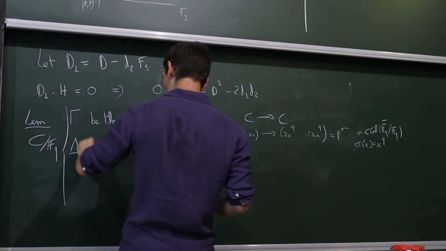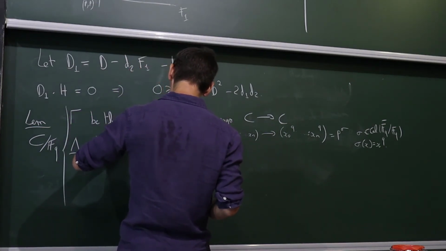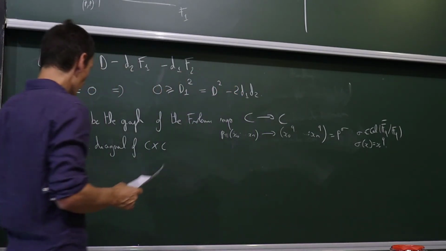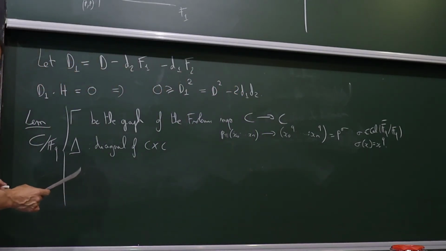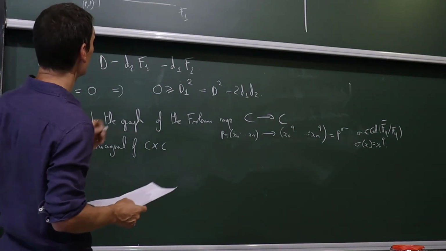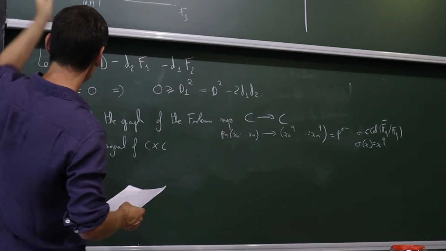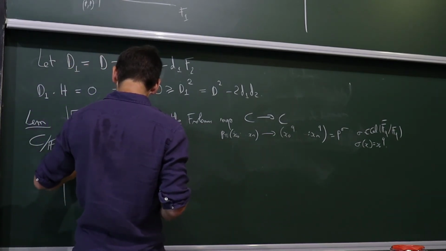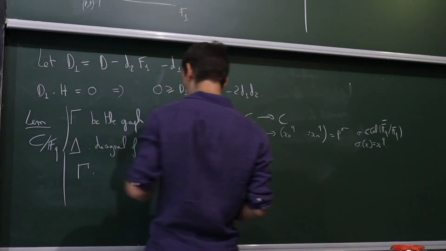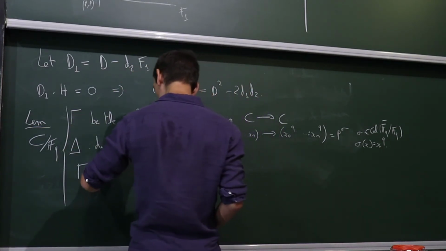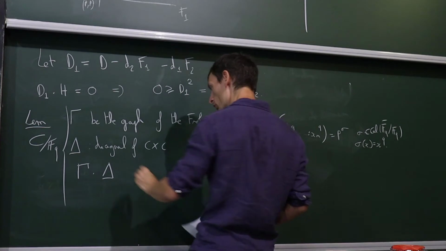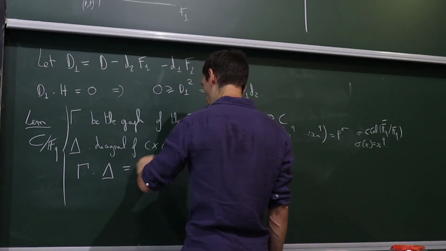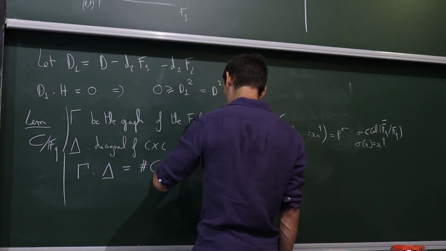Delta is going to be the diagonal. Then I want to compute a bunch of things. F1 and F2 are still the first copy and the second copy of C. First, if I intersect the graph of the Frobenius with the diagonal, this is what we are looking for, meaning the number of points on C over Fq.